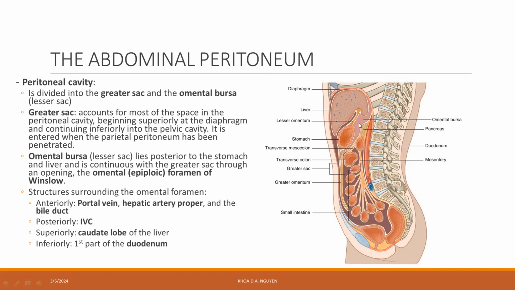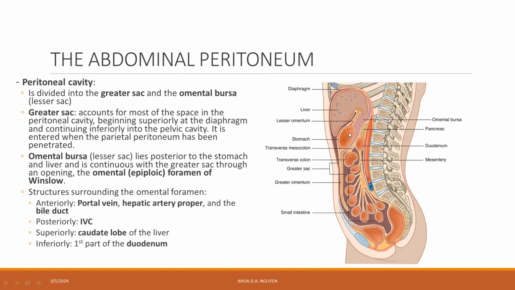The lesser sac is this portion that lies posterior to the stomach, and posterior to the liver as well, and it is continuous with the greater sac through an opening, aka the omental or epiploic foramen of Winslow. We will get to that once we examine the lesser omentum.